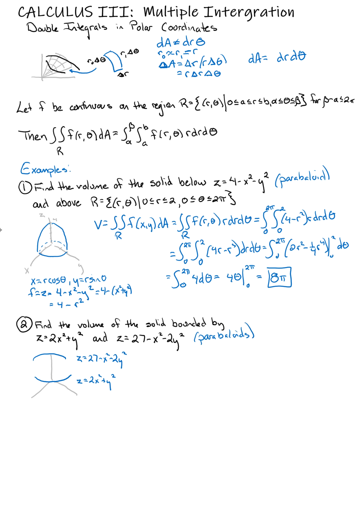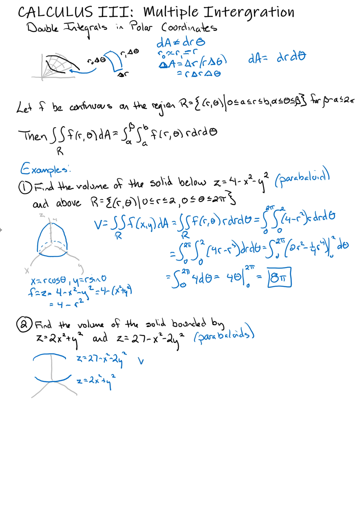Notice that z equal to 2x squared plus y squared is a paraboloid sitting on the origin, or the pole, opening up, whereas z equal to 27 minus x squared minus 2y squared opens down and is shifted up.